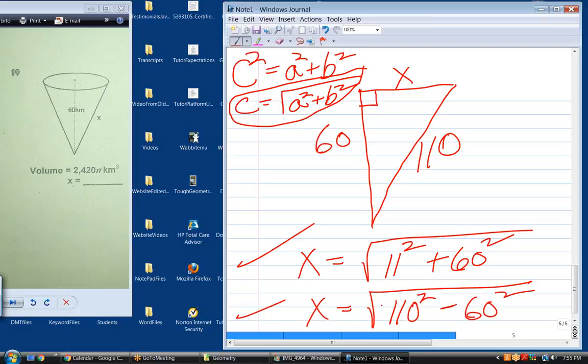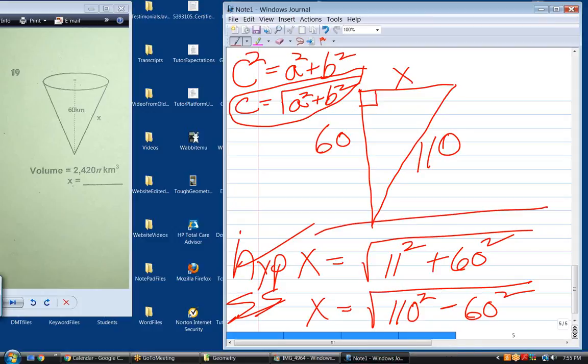Now, notice what these two equations are. If you're solving for the hypotenuse, it's always addition taking place under the radical sign. If you're solving for a short side, regardless of which short side it is, it's always the square root of the hypotenuse squared minus the other short side squared.